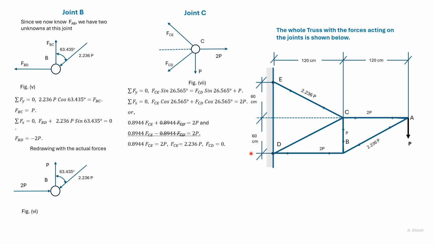So here also we get a horizontal force of 2P acting towards the joint. So these 2P forces form a couple. So 2P into 120 is equal to P into 240. The force P here is balanced by the P at A. So the whole truss is in equilibrium.